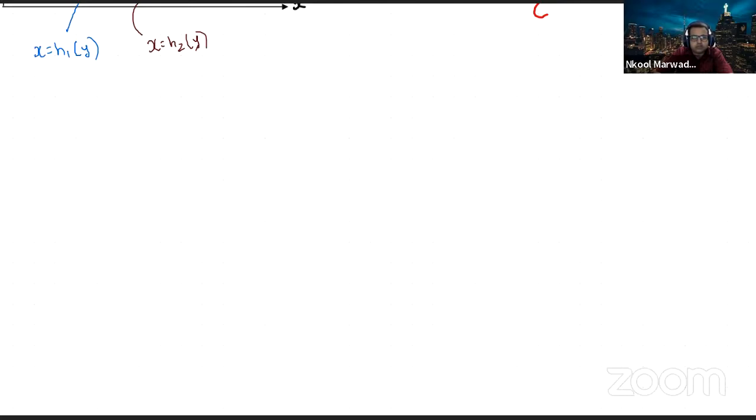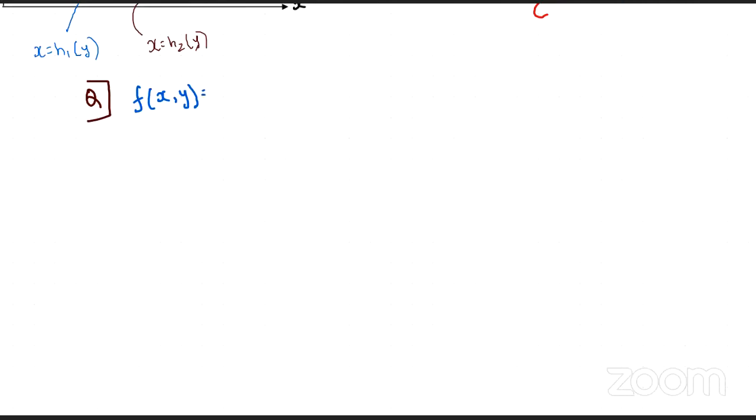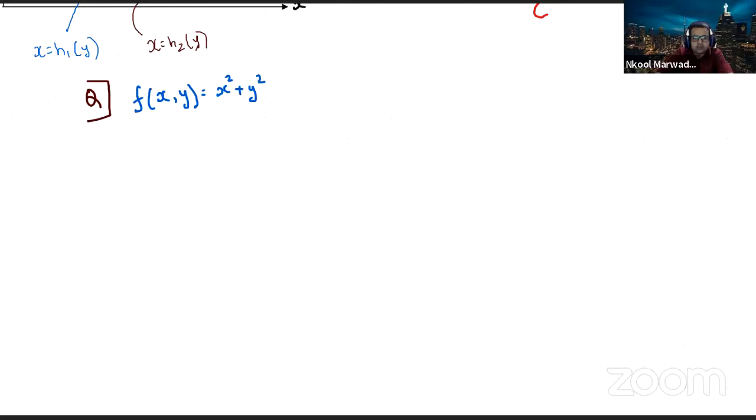So let us suppose we have to find the area, and the function is given to us. The function is f of x comma y is equal to x square plus y square. And the region is given.